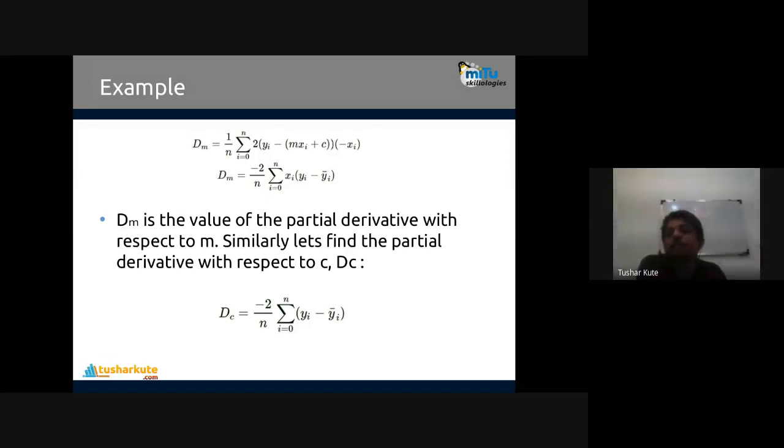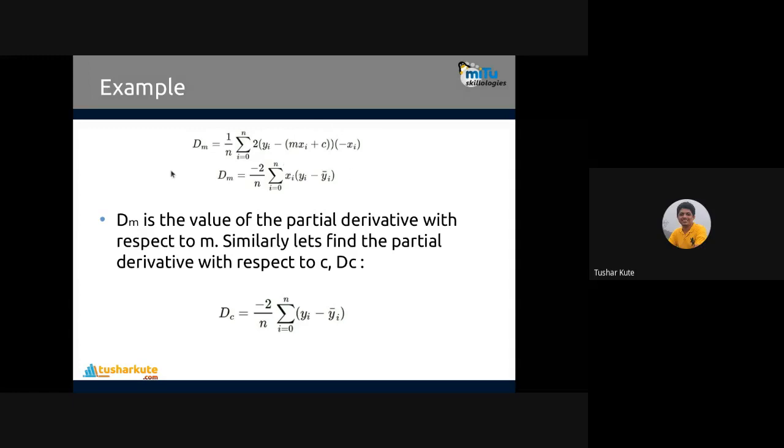Similarly, let's find a partial derivative with respect to c. So, partial derivative with respect to m is this one. Dm is equal to 1 by n into summation of i is equal to 0 to n for all the values (yi minus (m xi plus c)) into minus xi into 2.